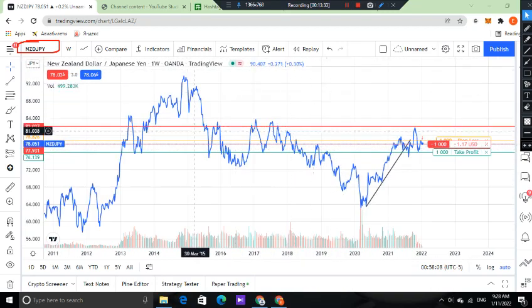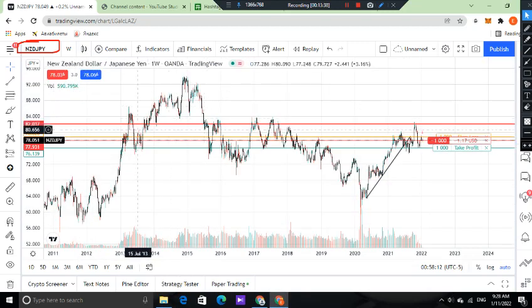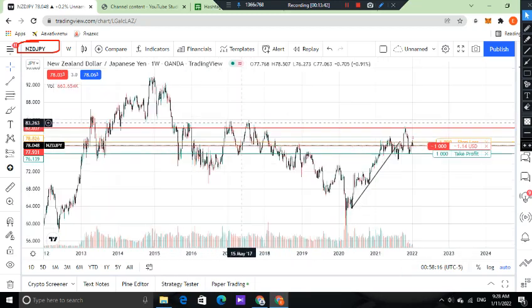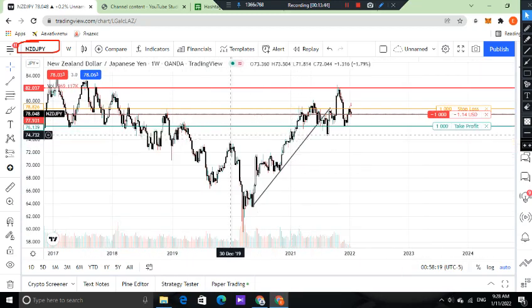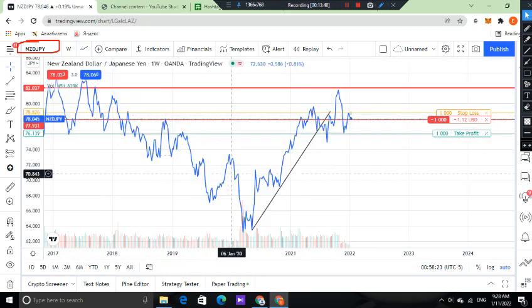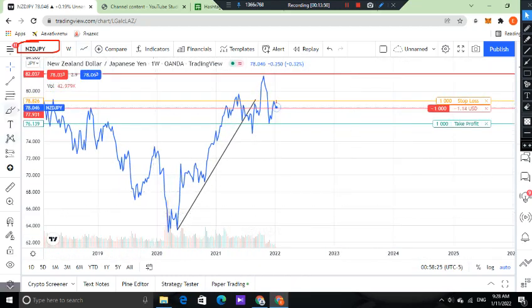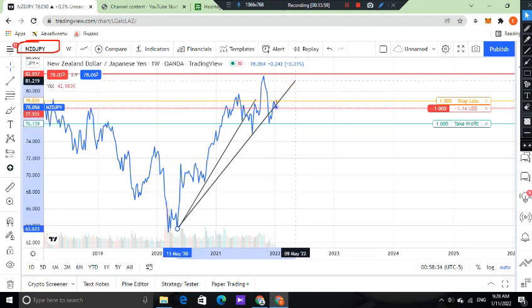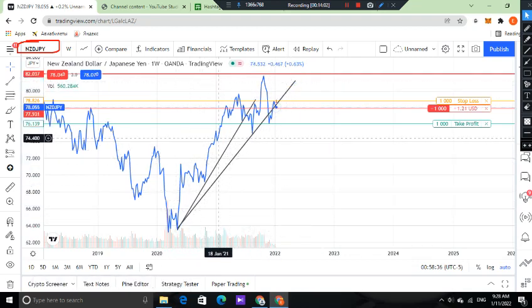Okay, we have this level here. We had several reactions at different points, and about trend line, we can have a trend line here. I actually prefer not to draw trend lines in weekly time frame. I just use weekly time frame for levels, but it can be okay.